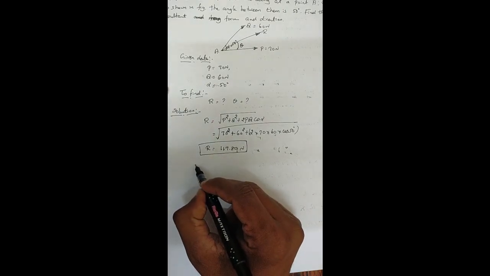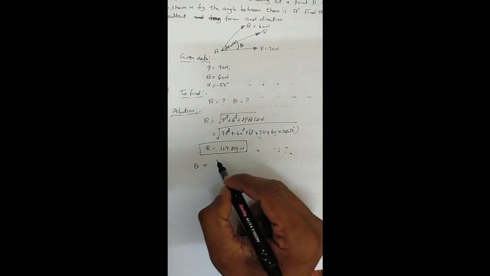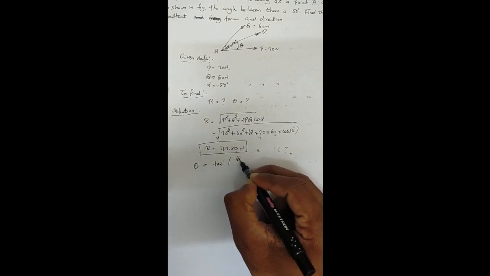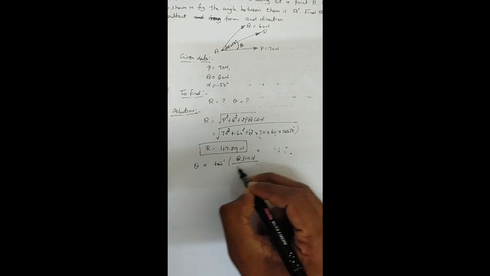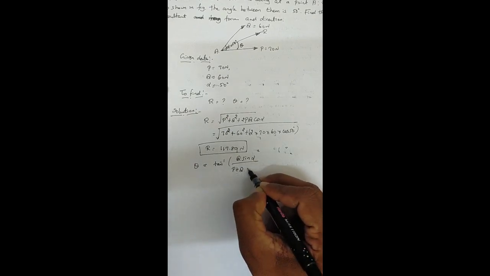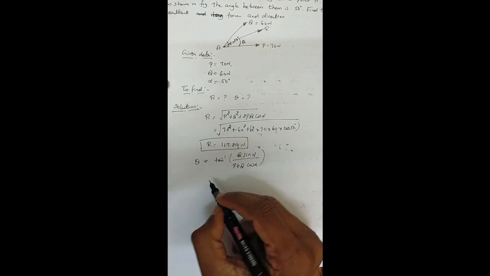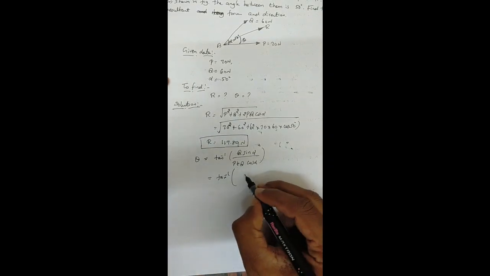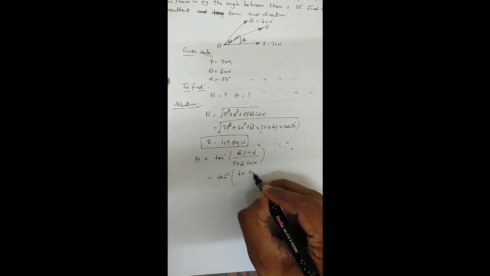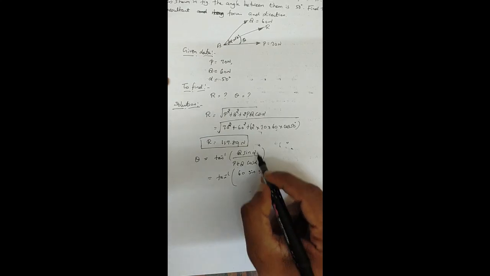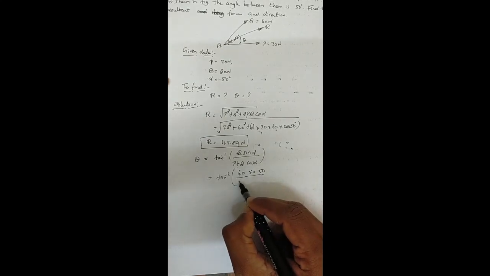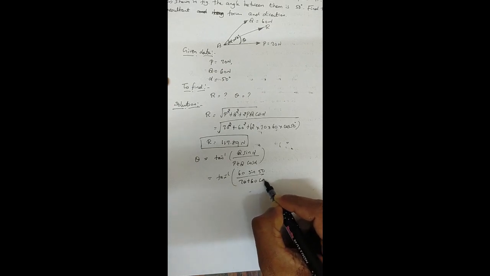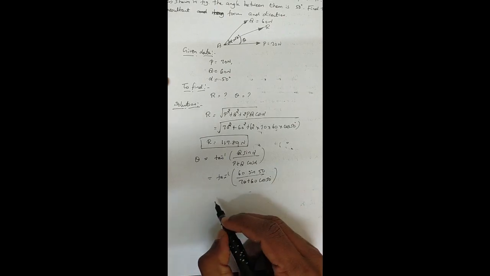Then we should find the value of the direction of that magnitude. That is theta equals, what's the formula? Tan inverse of Q sin alpha divided by P plus Q cos alpha. So tan inverse of Q value, which is 60, sin alpha equal to 50, divided by P value, which is 70, plus Q value 60 cos 50 degree.